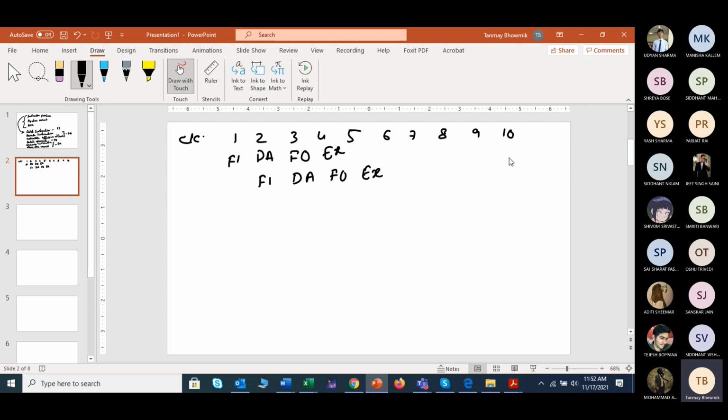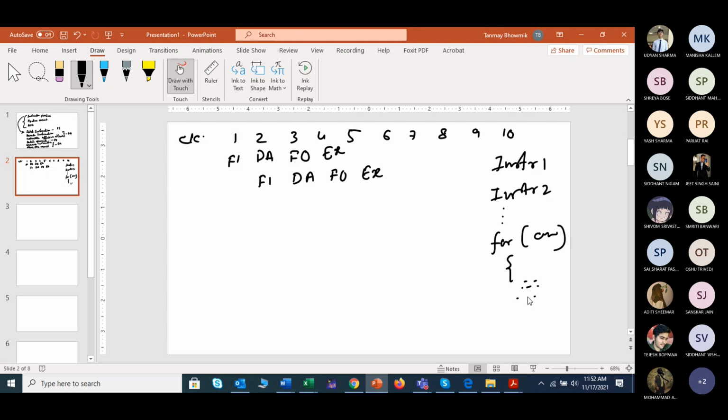Say you are executing one instruction, then the second instruction is going on, then one for loop with some condition, where this for loop will be executed, and then your next instruction. So this is one example.